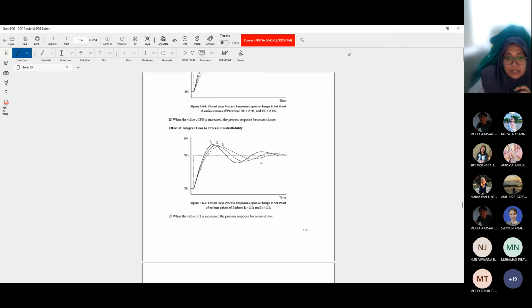So when you get the slower action of MV, it will lead to the slower process response. So that's why you can see from here, I2 is double up from I1, I1 is double up from I0. Bila you increase the value of I, definitely the process will shift to the right. Boleh?